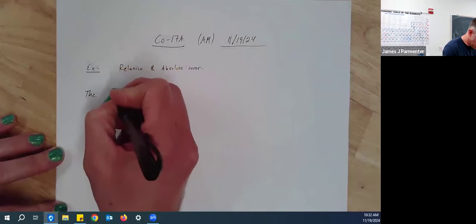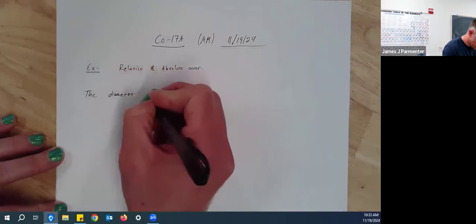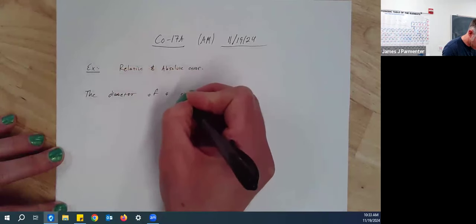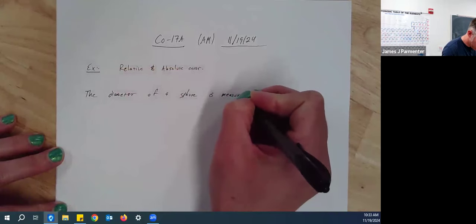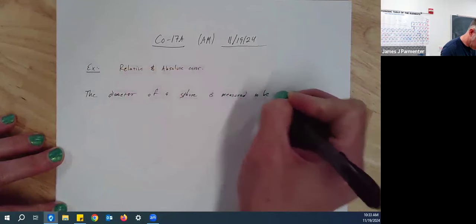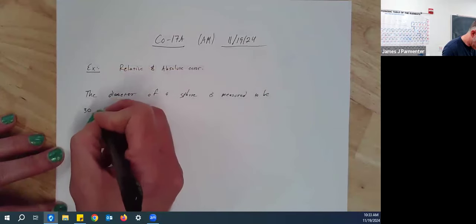The diameter of a sphere is measured to be 30 centimeters.